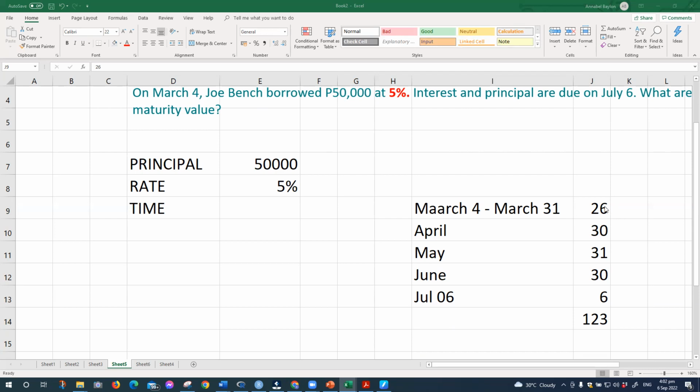Sorry about that. So ito, 27 na to. No? Okay, kasi periods na yan. 4 to 5, 5 to 6. If we count those periods, 27 periods yan. So you have 124 days.